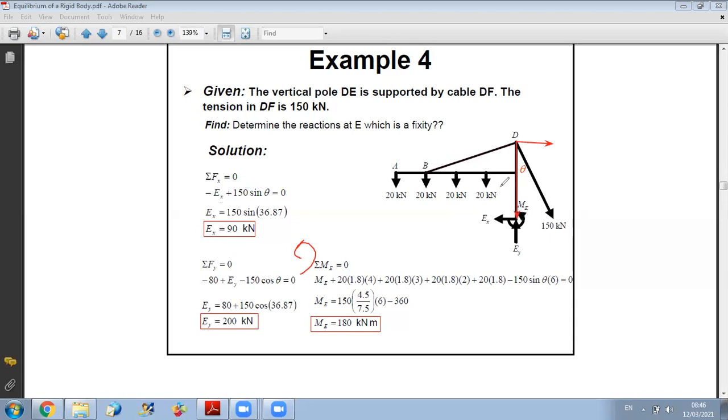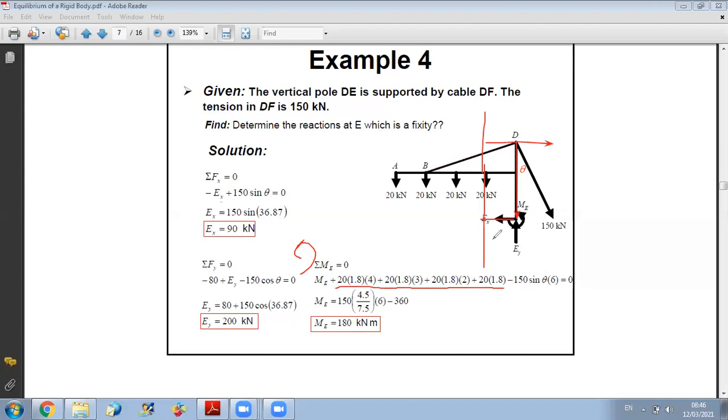When you extend the line of action of these forces, the distance from D to this line or from E to this line is the same. So you can see that I have the same expressions: 20 times 7.2, 20 times 5.4, 20 times 3.6, and 20 times 1.8.